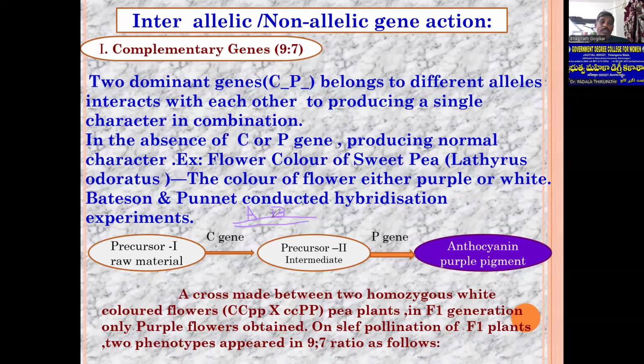So this is the first allele, this is the second allele. Is it clear? So these are the two different alleles present on the same chromosome.